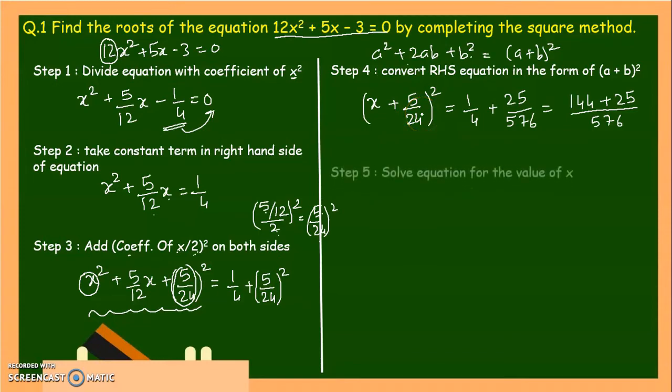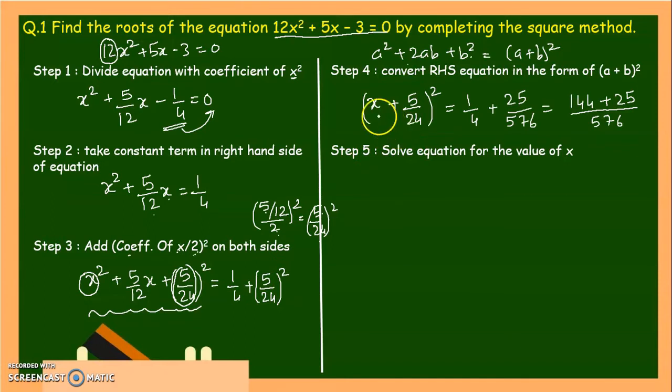Now simplify this to find the value of x. This is the last step. Here we can write (x + 5/24)² = (144 + 25)/576, that is 169/576.